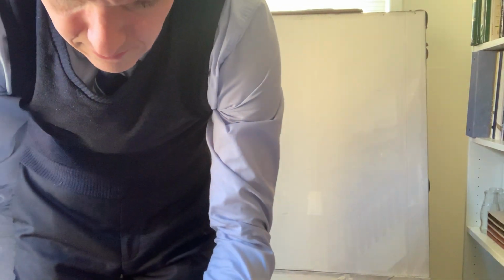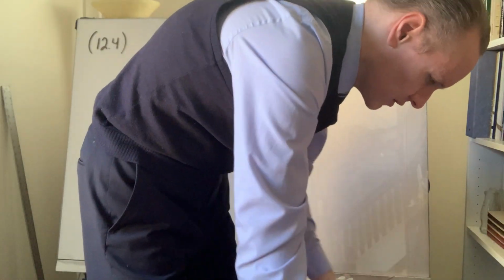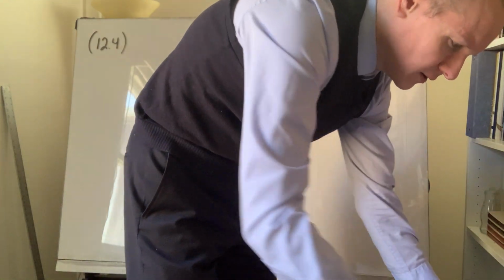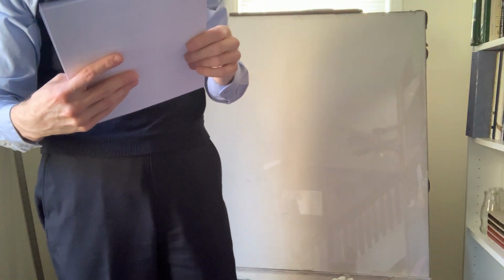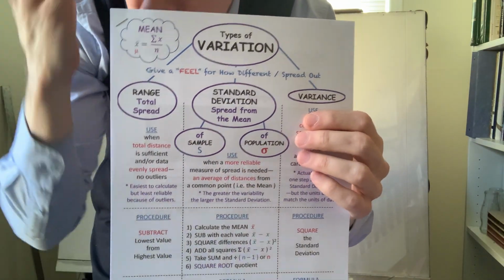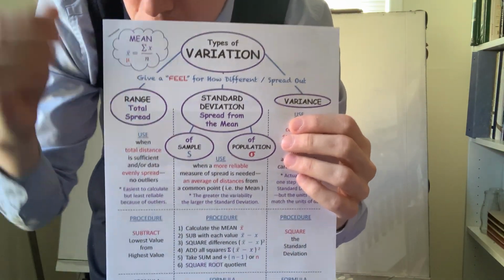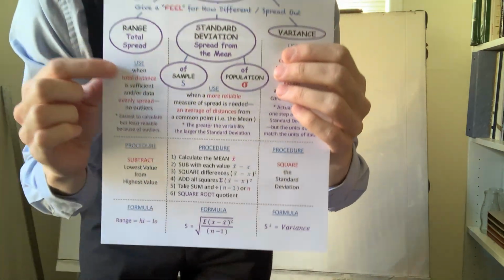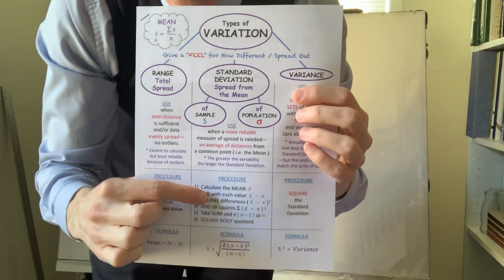Okay. The packet looks like this. I made another diagram in the style of the former two. This is a summary, firstly, of different types of variation. And ultimately what that means is that they're different formulae and a description of those. We'll go through that.